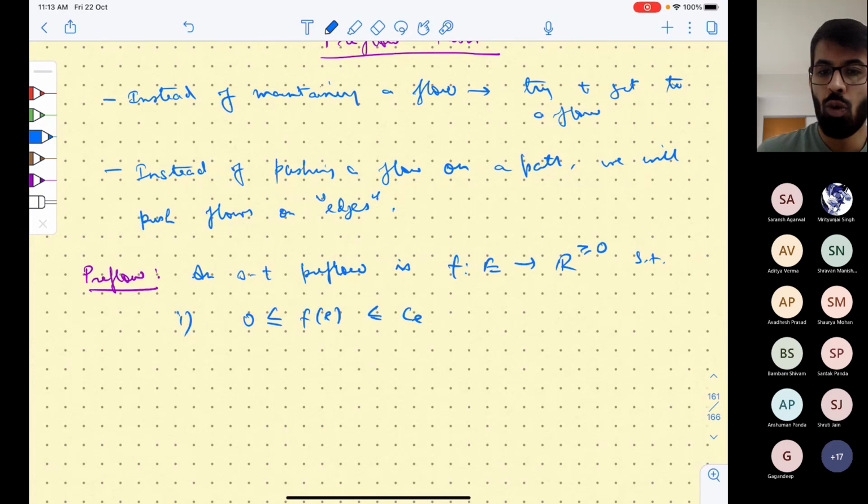Instead of the flow conservation constraint that we used to have for flows, now we have that the sum of F of E over E belonging to delta minus of V is greater than or equal to the sum of F of E over E belonging to delta plus of V. So what does this mean? That we get at least as much in as it's going out.